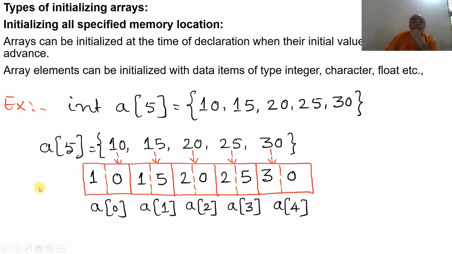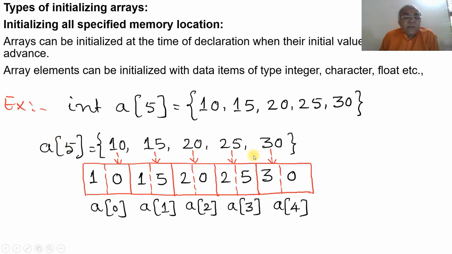So a[0] is initialized with the value 10, a[1] with 15, a[2] with 20, a[3] with 25, and a[4] with 30.